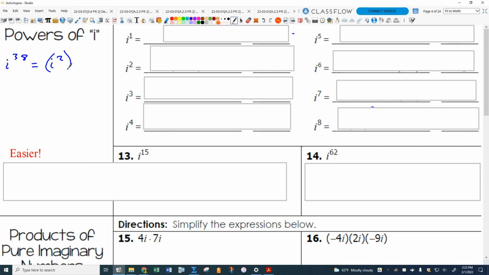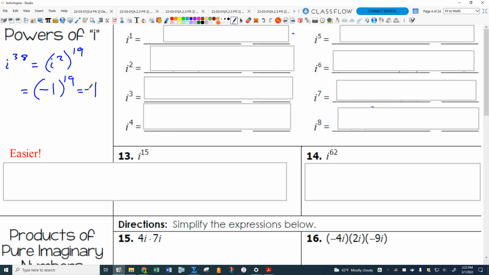Does everybody get that? And because it's an even number, I was able to do that, right? So i squared is what again? -1. So this just devolves to -1 to an odd power. So what's the answer? -1.